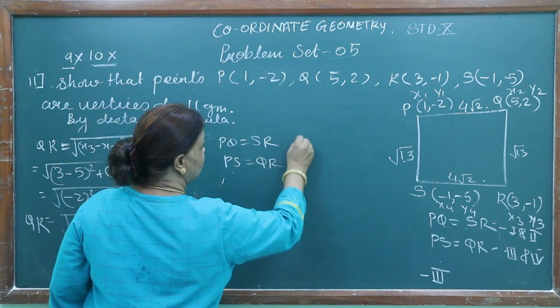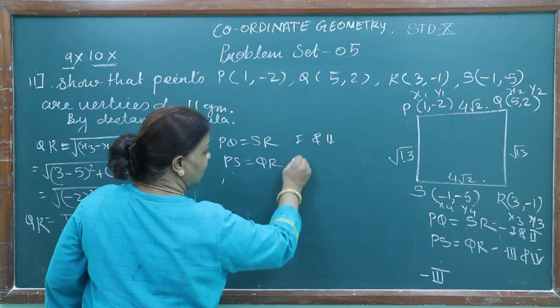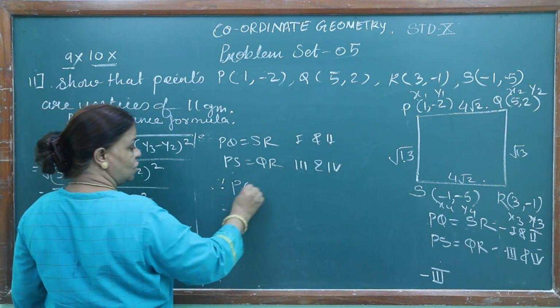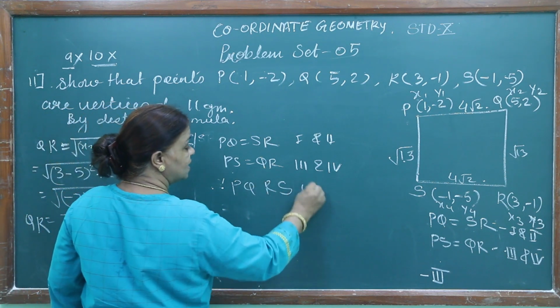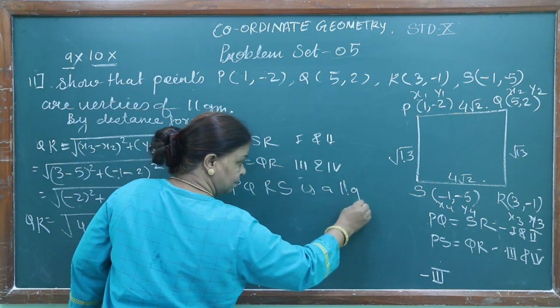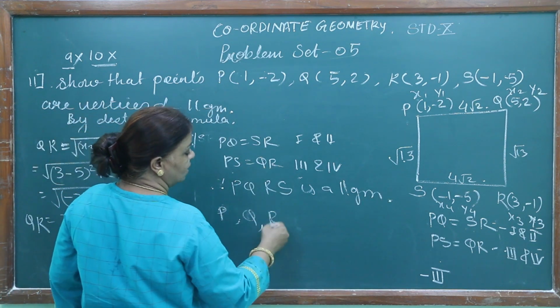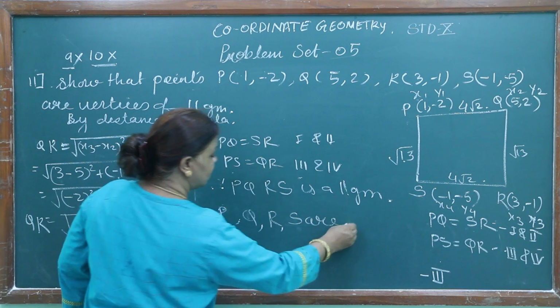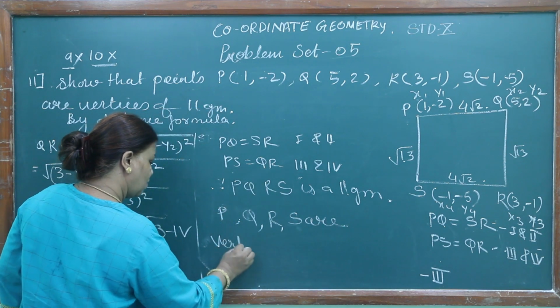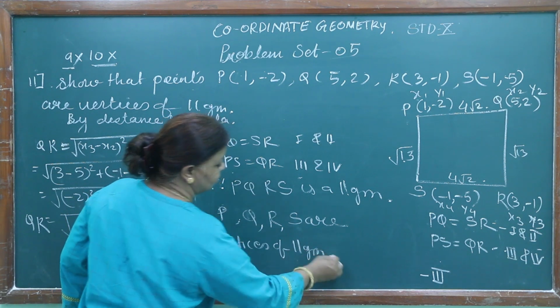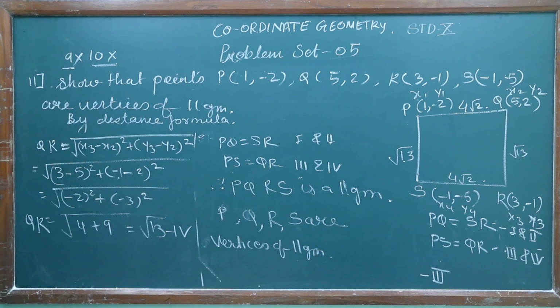See, I have written there from first and second and from third and fourth, and therefore PQRS is a parallelogram. That means P, Q, R, S are vertices of a parallelogram, children. You can pause the video and you can solve the sum.